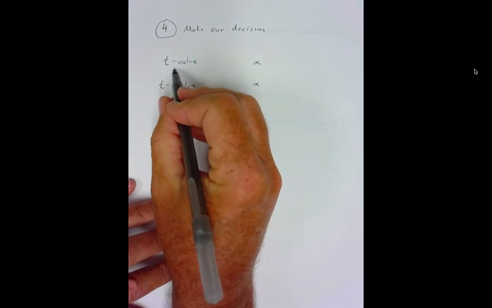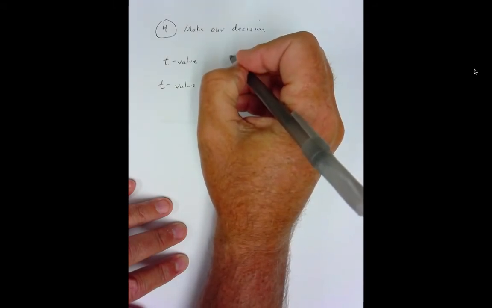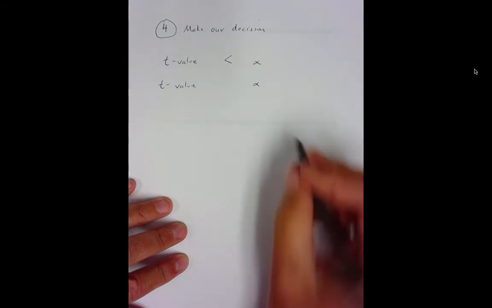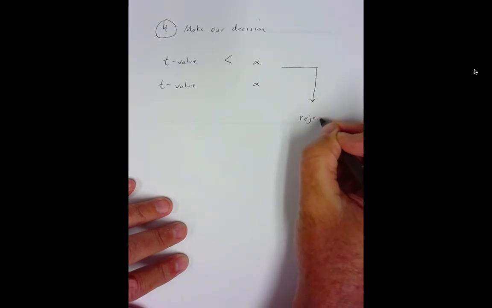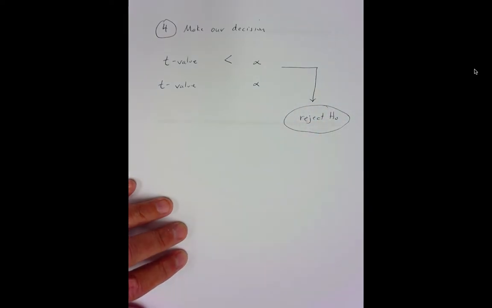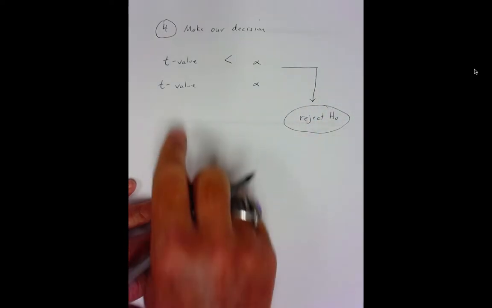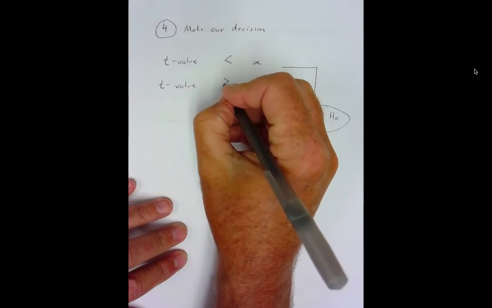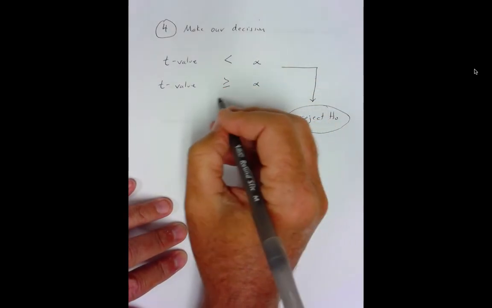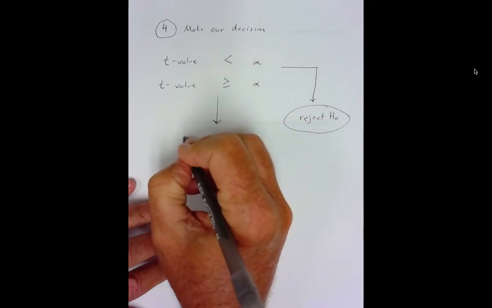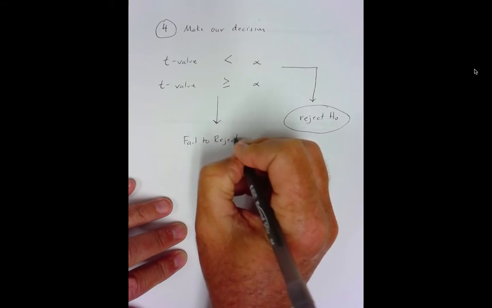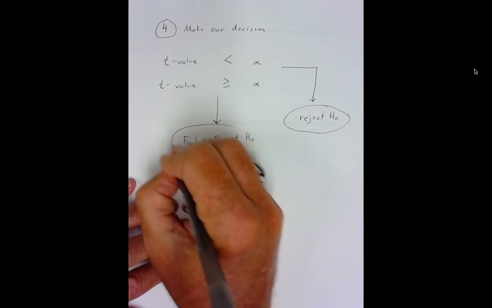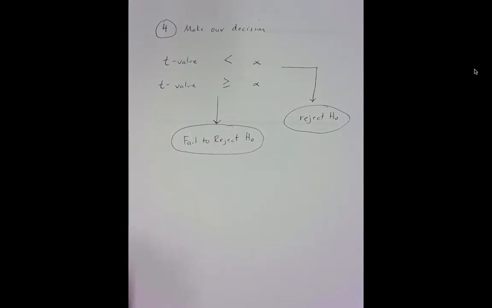Guys, if our test statistic, our t-value, is less than alpha, then we reject H sub O. If our t-value is greater than or equal to alpha, then we fail to reject H sub O.